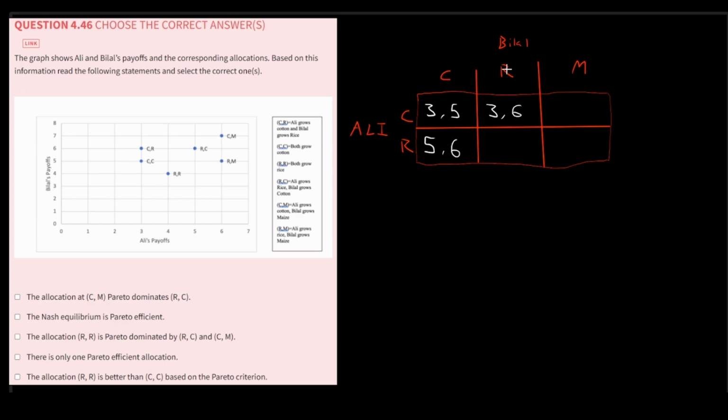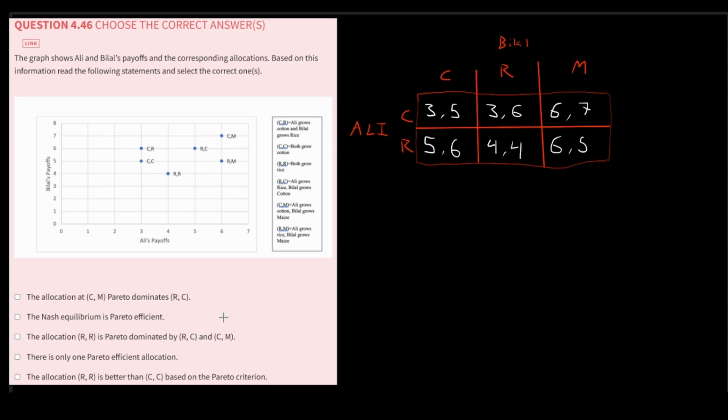We then have R, comma R, right here. That's 4, comma 4. And then we have C, comma M, up in the top right there. That's 6, 7. And we have R, comma M, right below that one, and that is 6, comma 5.